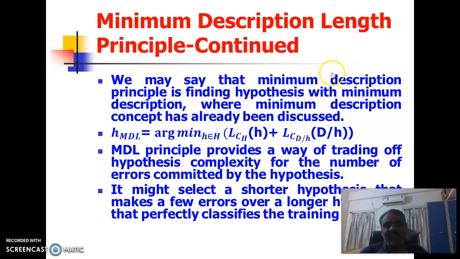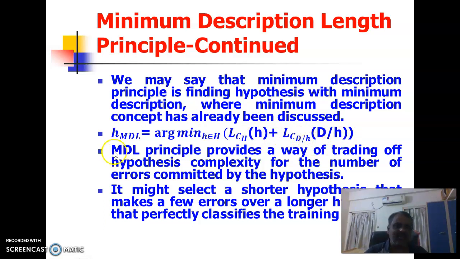We may say that the minimum description length principle is finding the hypothesis with the minimum description, where the minimum description concept has already been discussed. And we can write H_MDL is equal to argmin over H an element of capital H, L_CH(H) plus L_CD|H(D|H).